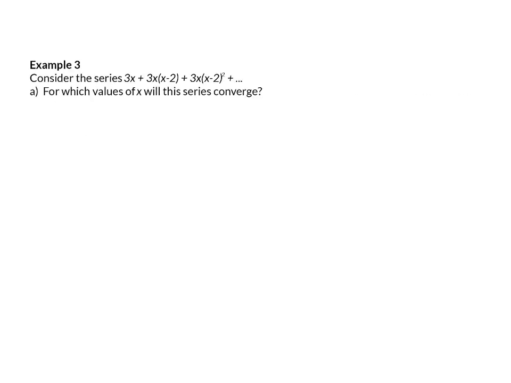Let's have a look at an example where there is an abstract series. Consider the following series. They now ask us for which values of x will this series converge. Now we already know that for a series to converge, the constant ratio has to be between -1 and 1. We know that the constant ratio you calculate by dividing term 2, 3x times x minus 2, by term 1.